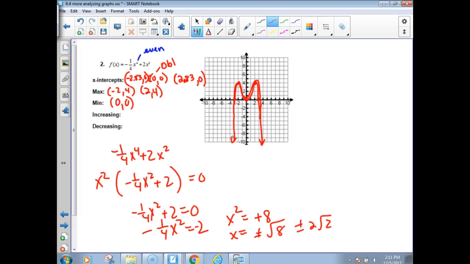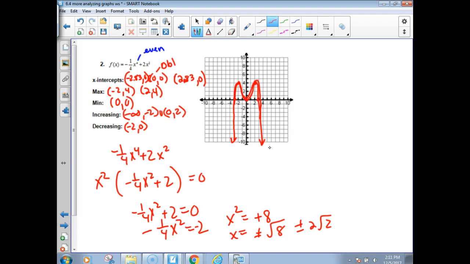Okay, increasing from here to here. Negative infinity to where? What's that top point? It was at negative 2, okay. All right, and then it's all decreasing after that from negative 2 to 0. And then it's increasing again from 0 to 2. So I'll go back to my increasing part. Union.